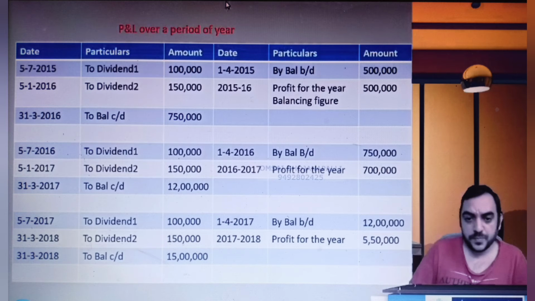By 7/2017, to dividend 1 lakh. 31/3/2018, to dividend 2, 1,50,000.